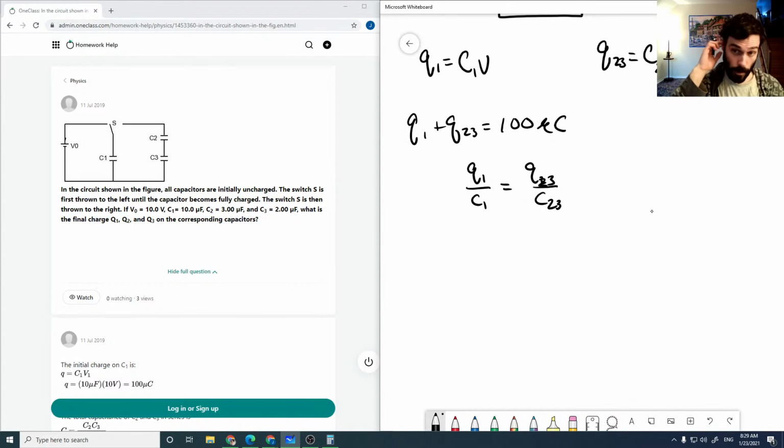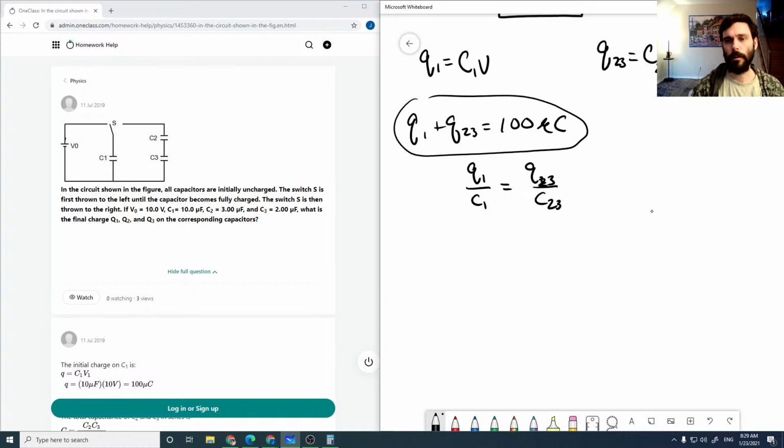And so we get this expression, but also our charge should be maintained. And so then we can solve for the charge on Q1 by rearranging this as so.